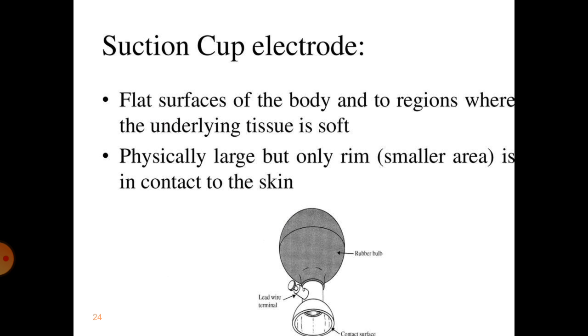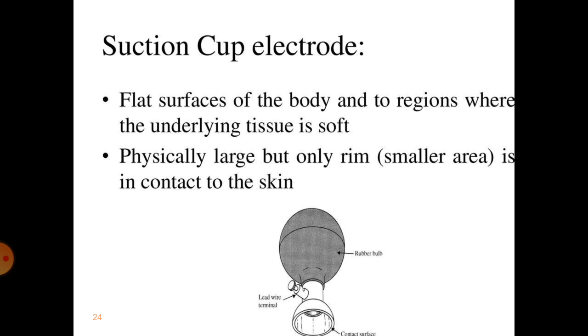The next is the suction cup electrode. This slide shows the suction cup electrode. It is used on flat surfaces of the body and regions where the underlying tissue is soft. It is physically large, but only the rim, a smaller area, is in contact with the skin.